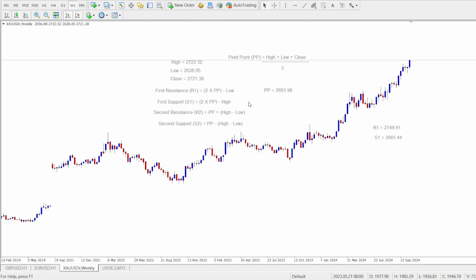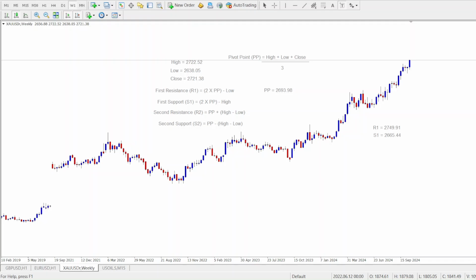Now the next resistance we're going to be calculating now. Our R2 is pivot point 2693.98 plus our high being 2722.52 minus our low being 2638.05.